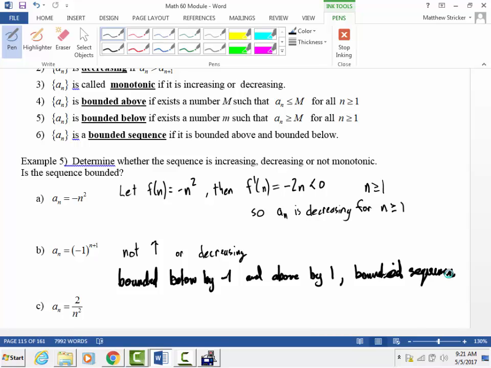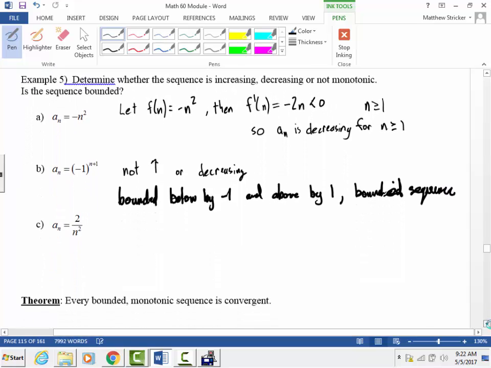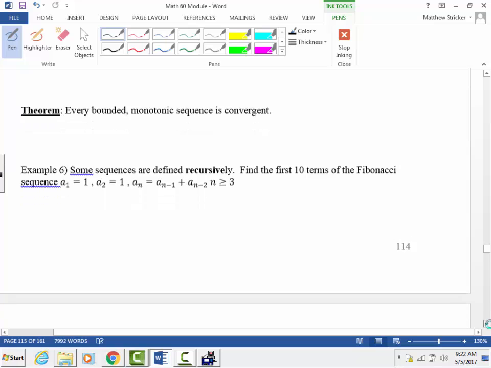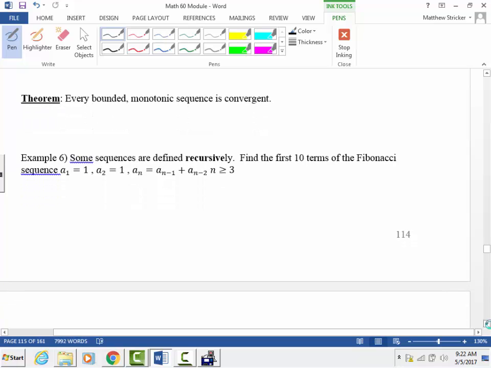I'm not going to do all of these because I want to make sure we get to the next section. There is one down here at the bottom, though, that talks about recursive sequences, and I want to make sure we do that example. So go to the very bottom of the page, and you see that some sequences are defined recursively.